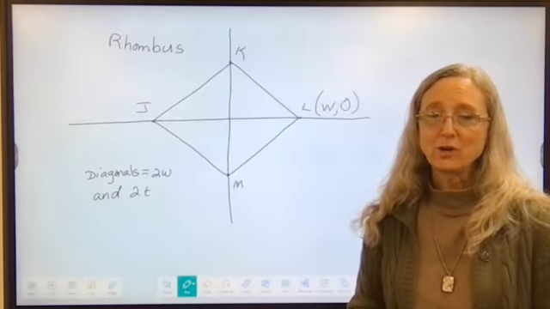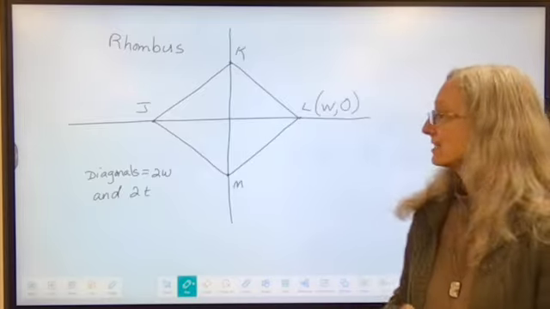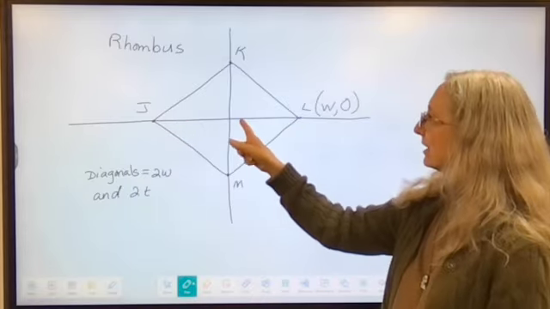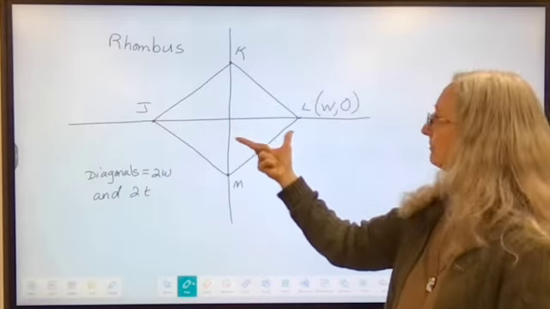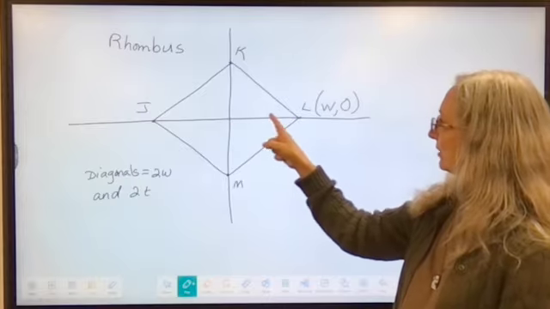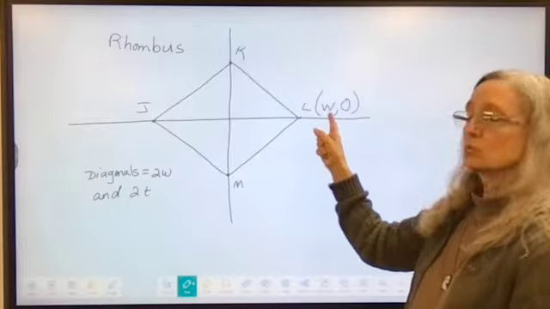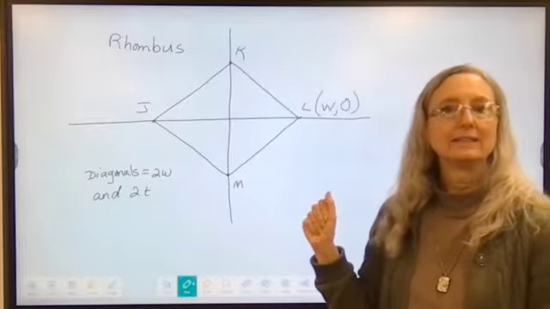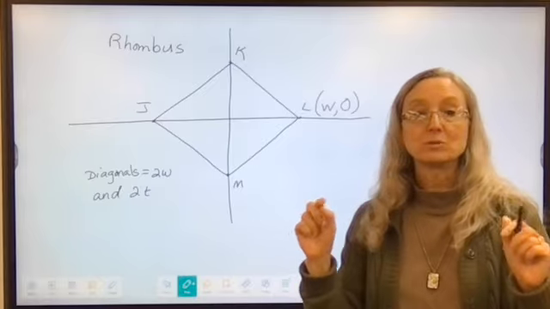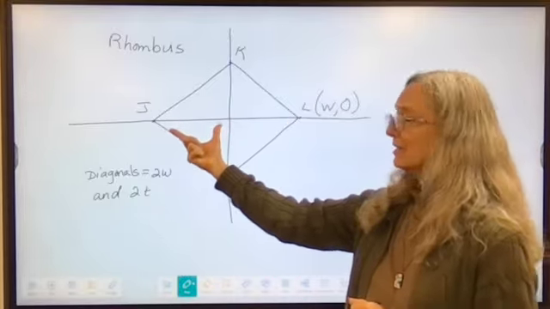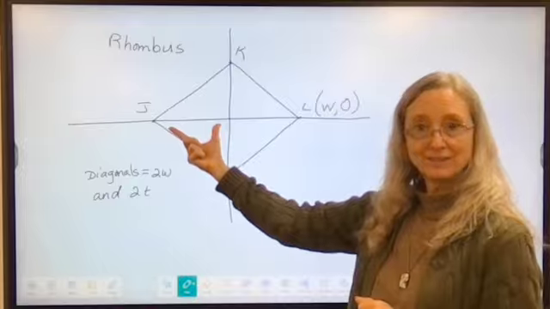I put 0, 0 right in the middle. Okay, since I know that one diagonal has a length of 2W, I'm going to look at this here. This 0 cuts it in half, and this length here, because it's my x length, from 0 to L is 1W. I need the whole diagonal to be 2W. So if I have 1W on this side, I'm going to need the other W on this side.